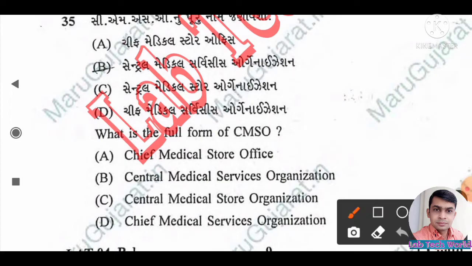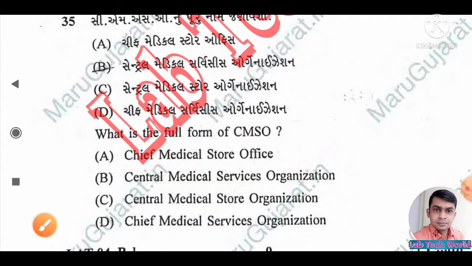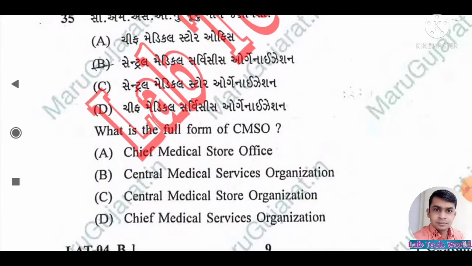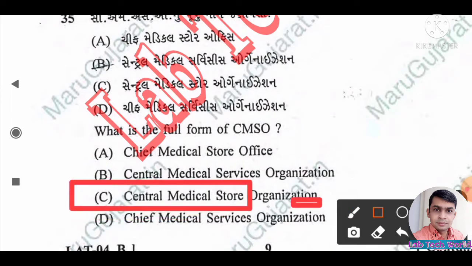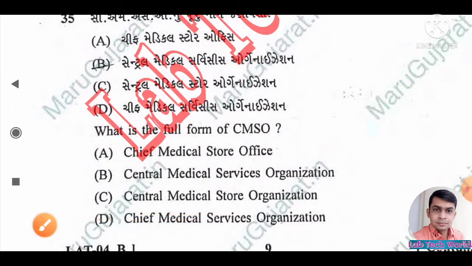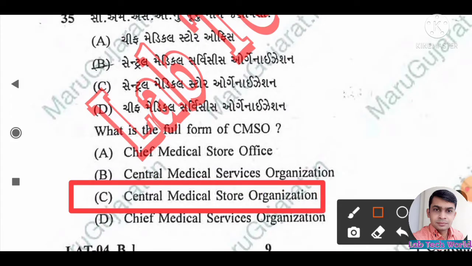And the correct answer for this question is option C, Central Medical Store Organization. So option C is the correct answer for this question.